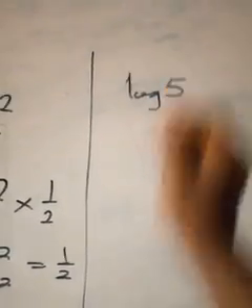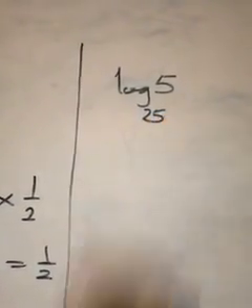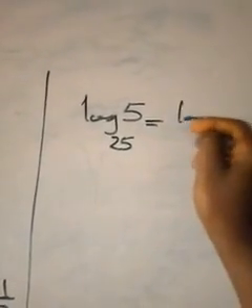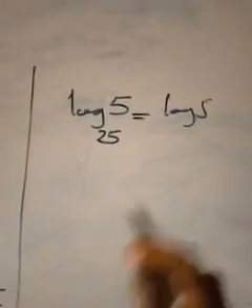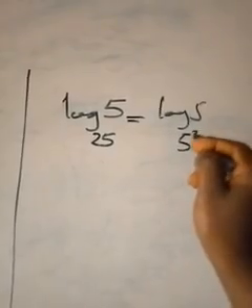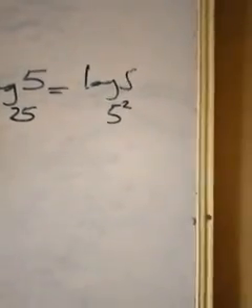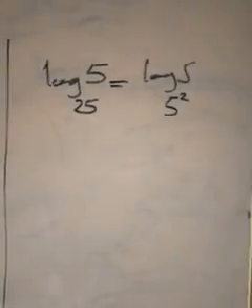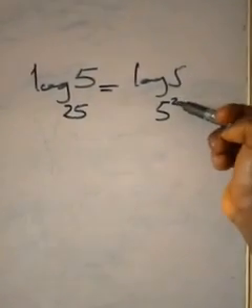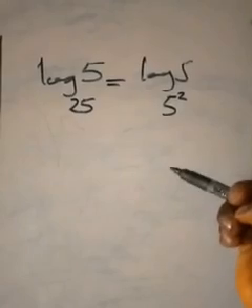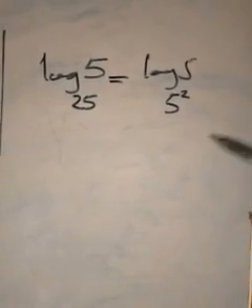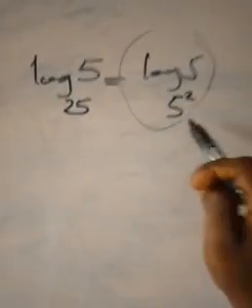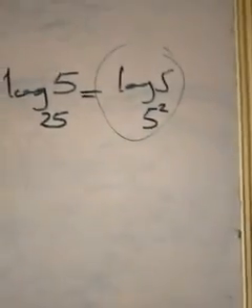We have log 5 base 25. If you are converting this one out, you see that we have log 5, and 25 can be written as 5 raised to power 2. Here, 5 raised to power 2 is the base, and the 2 is the power. It will be changed to its inverse, the reciprocal of the power, which will multiply everything, while the base 5 remains as the base.